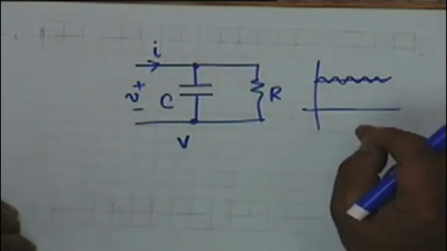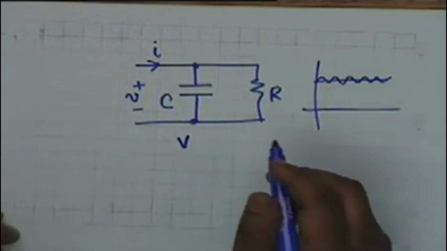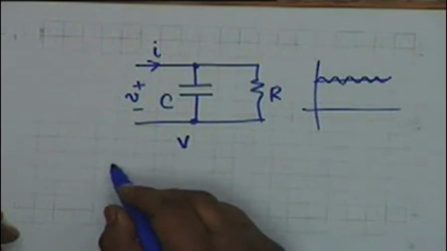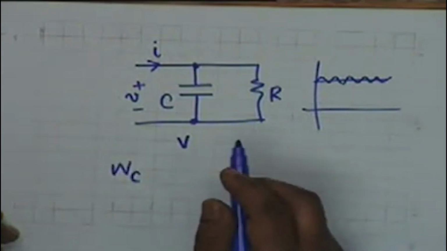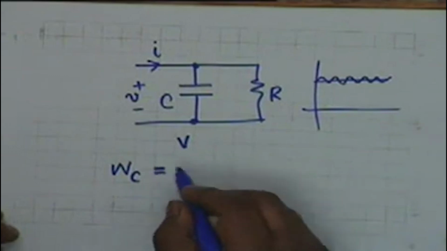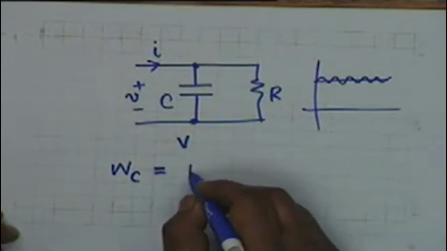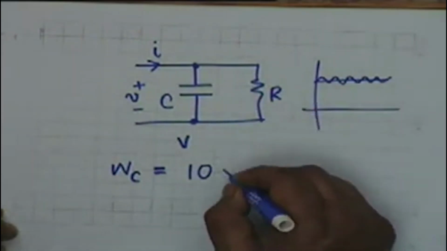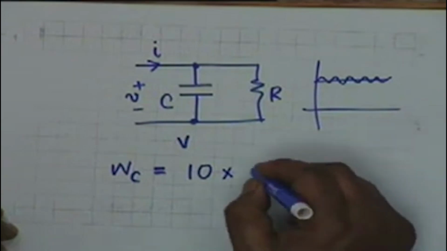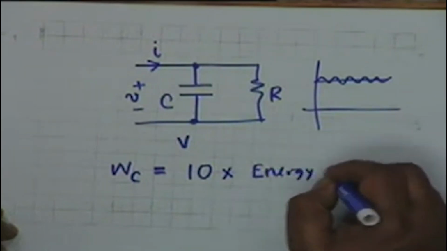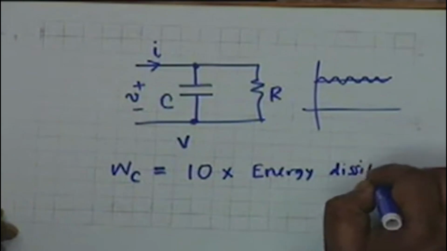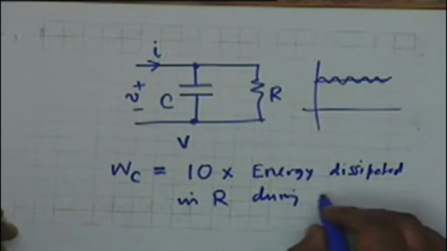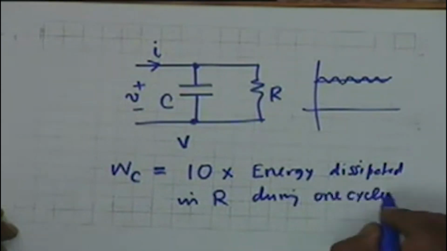Now for good filtering, it is said that the capacitance should be able to store 10 times as much energy. The criterion is that the energy stored in the capacitor, W_C, should be 10 times the energy dissipated in the resistance R during one cycle.